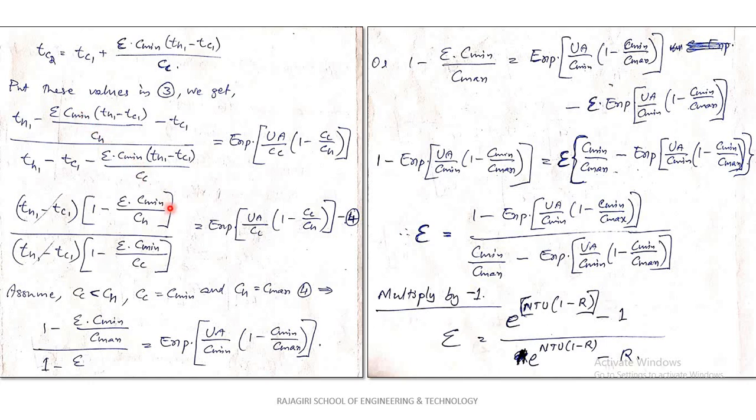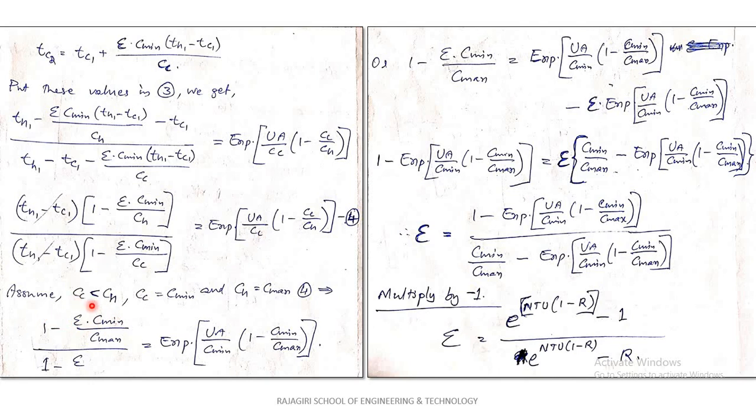So substitute those values in the equation and rearrange. You can take Th1 minus Tc1 outside. See this term and this term, Th1 minus Tc1 is there. Here also Th1 minus Tc1 is there. Take it outside, you get 1 minus this term. The right hand side does not change.